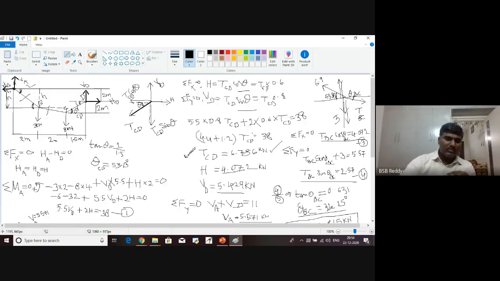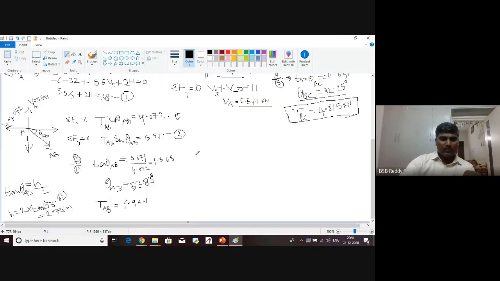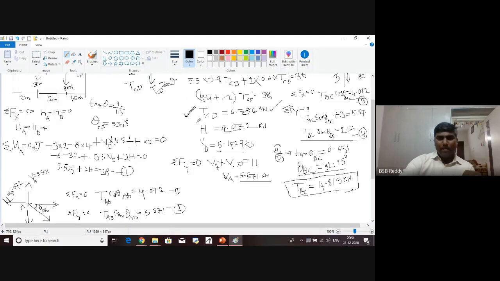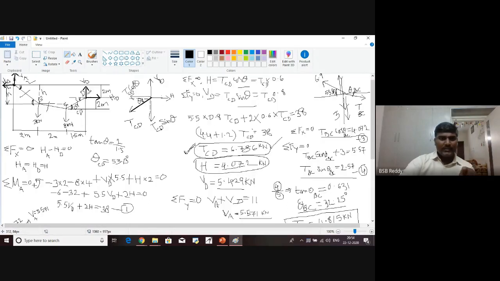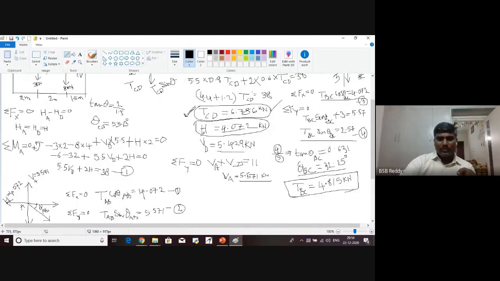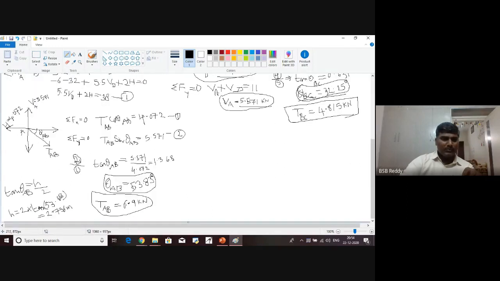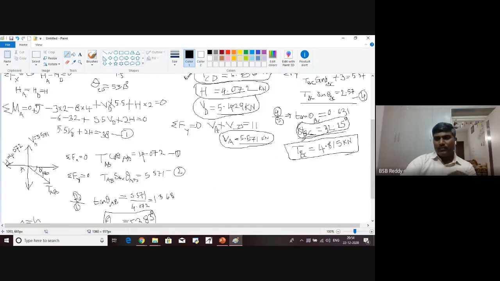Now if you look at the solution overall, we have found theta AB, we have found TAB, we have found the H value, we have found the tensile force in the last segment of the cable CD, and also the vertical reactions at D and at A. We have found theta BC, the angle of the middle segment, and finally TBC.